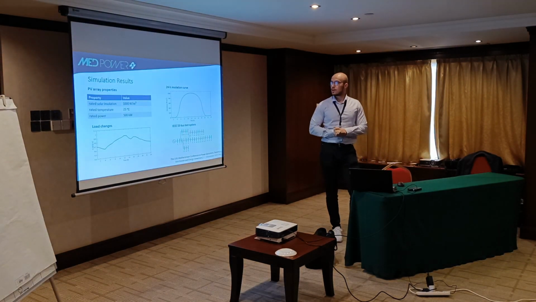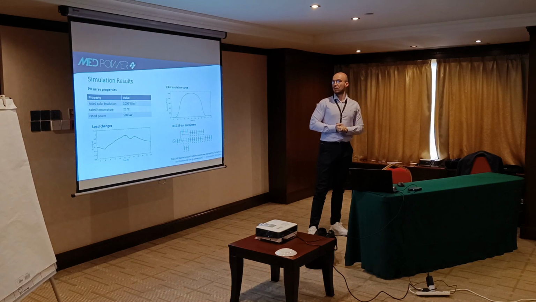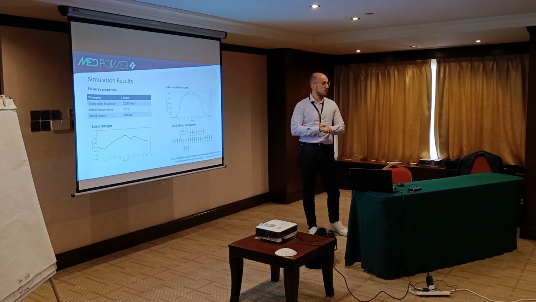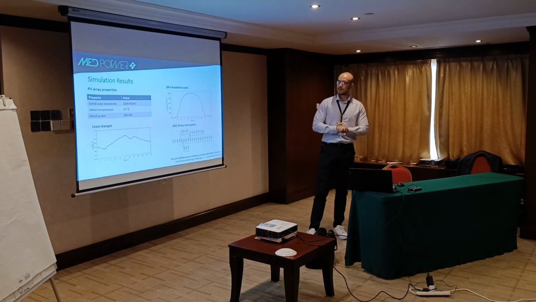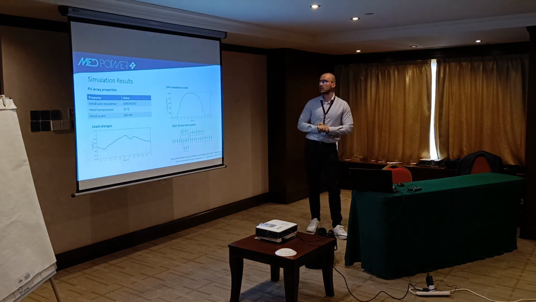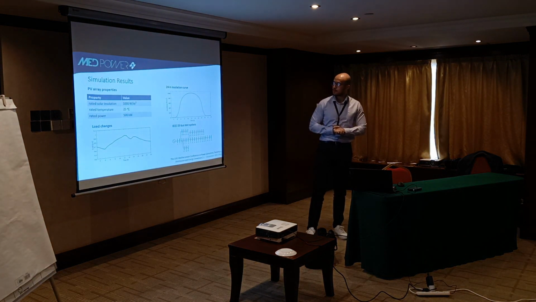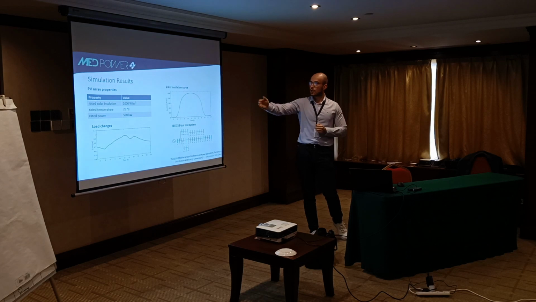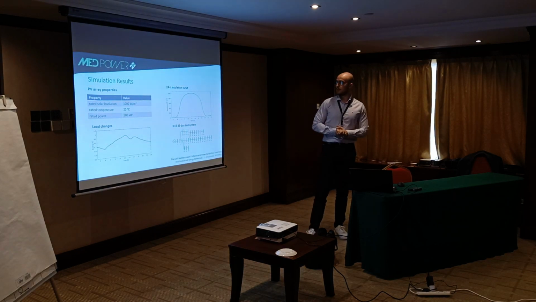As for the simulation results, we consider PV units which have 500 kilowatts rated power. They have a rated temperature of 25 degrees and a rated insolation of 1000 watts per square meter. As for the insolation curve and load changes, we kept it simple.